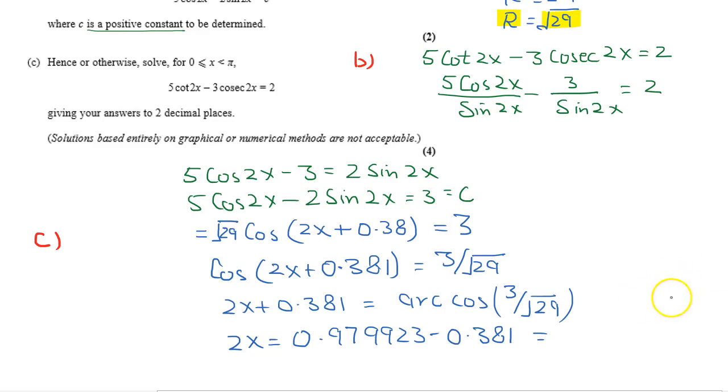That is equal to 0.598923. So x is equal to 0.598923 divided by 2.